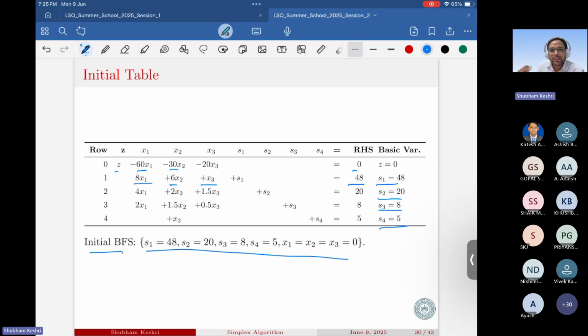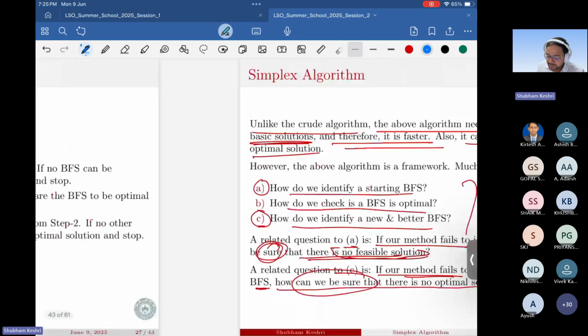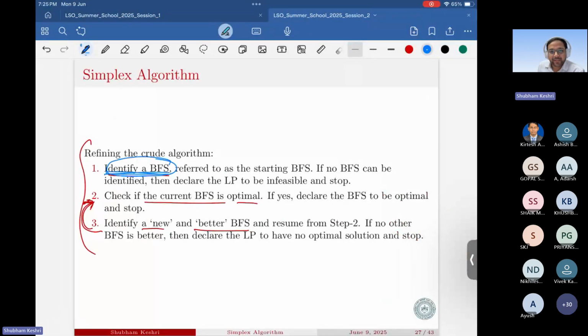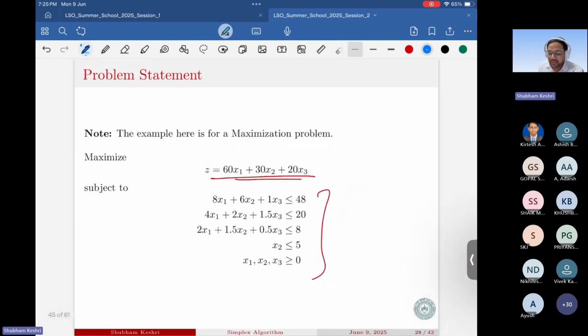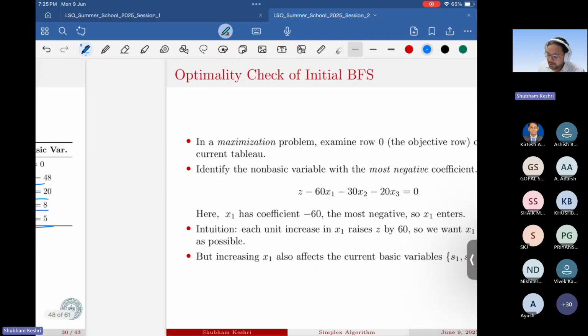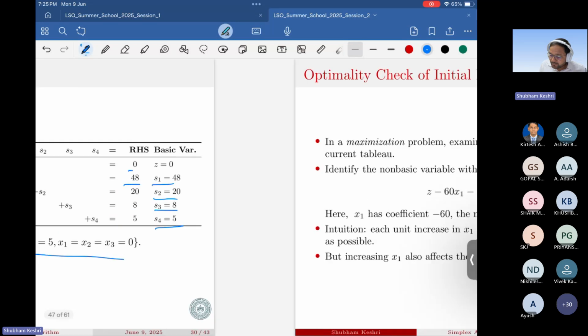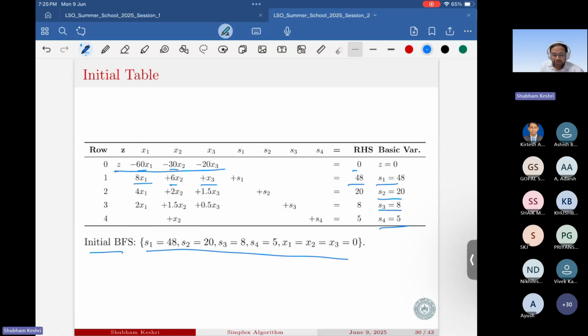Now what we will do is we will go back to the steps. We have identified a basic feasible solution. Now we can proceed to step 2. It says that check if this basic feasible solution is optimal or not. I have not mentioned to you what the step is, but for this example, you can observe that this is the equation row 0.